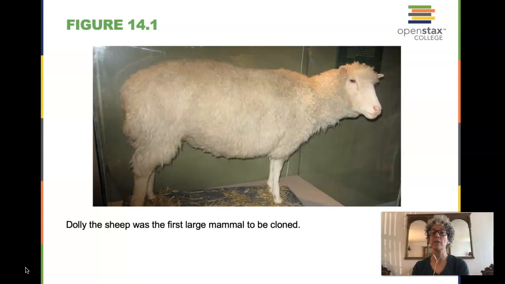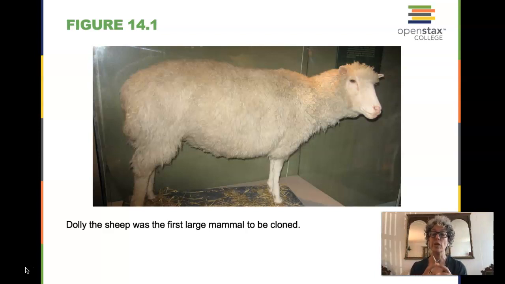So we have an egg cell with no nucleus receiving the nucleus from a mammary gland cell. The mammary gland cell is diploid. It has pairs of chromosomes. And that having pairs of chromosomes was a signal to that egg cell cytoplasm that the egg had been fertilized.